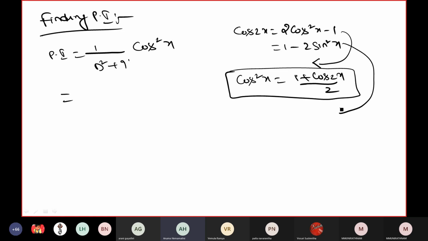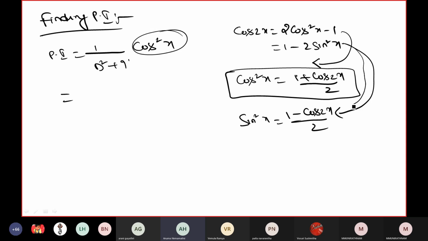అదే sin square x ఉంటే 1 minus cos 2x by 2 రాయాలి using this formula. ఓకేనా? అలాగే cos cube x, sin cube x ఉంటే cos 3x ఫార్ములా వాడాలి.